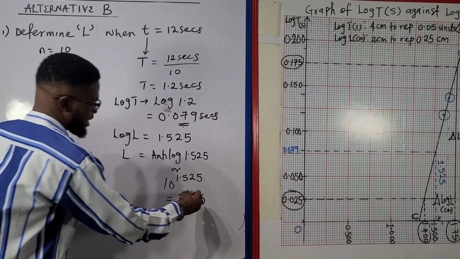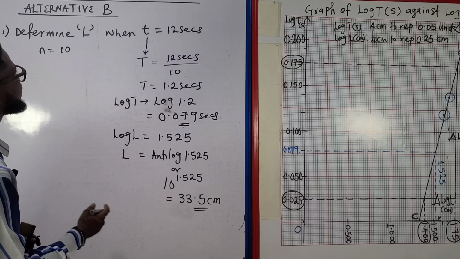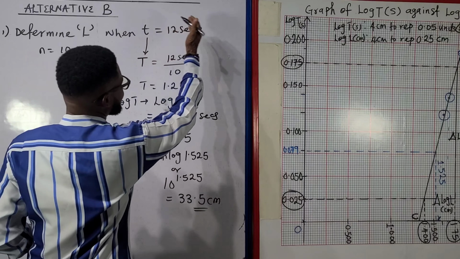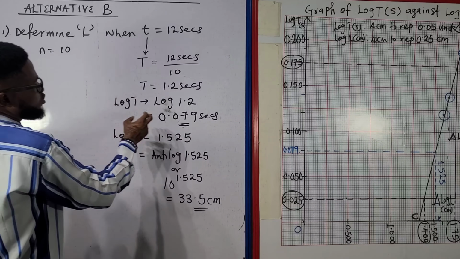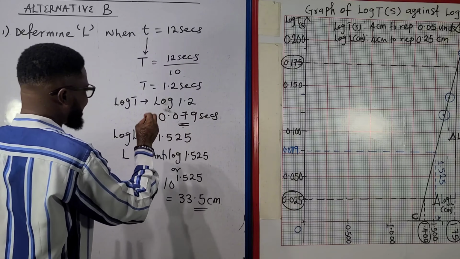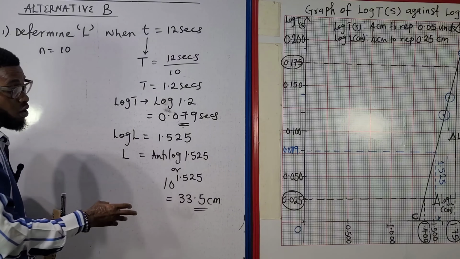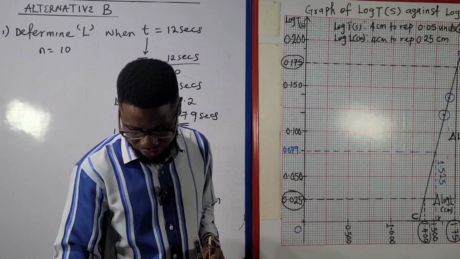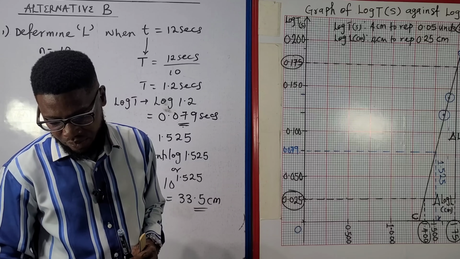That is what our length is, 33.5 centimeters. So what that means is that when T is 12 seconds, we are going to be getting a period of 1.2 seconds, and log T of 0.079, and that is going to be 33.5 centimeters for our L. That is what the question states that we should find.